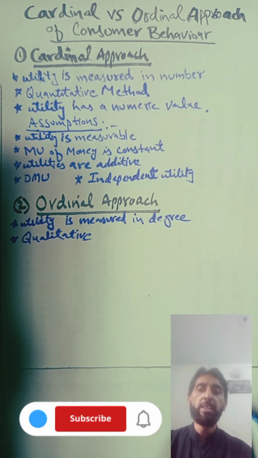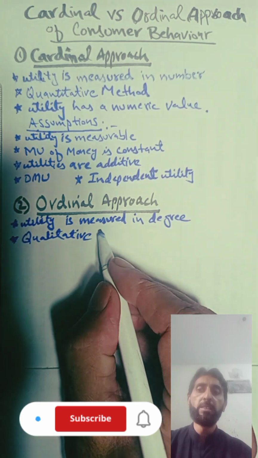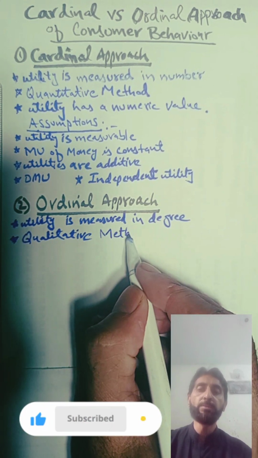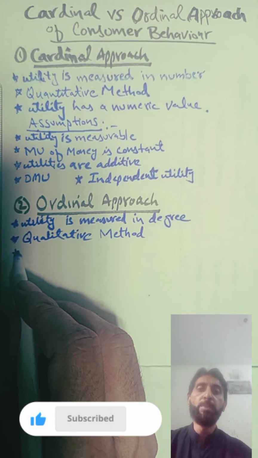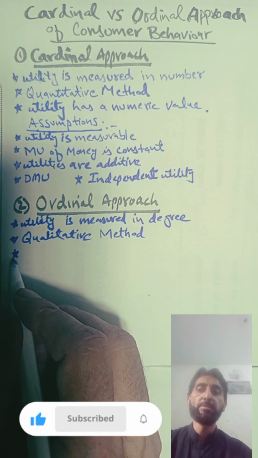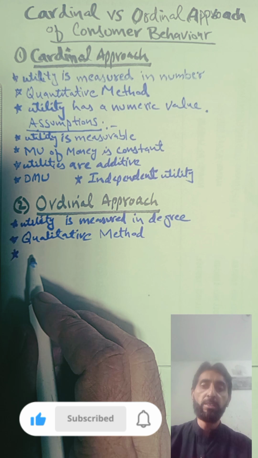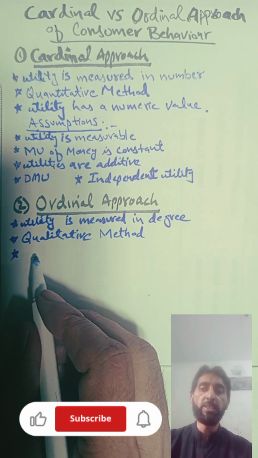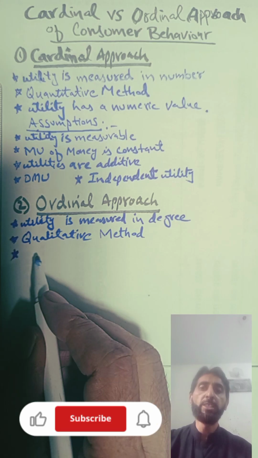We can say we obtain utilities in A grade, B grade, C grade, and here there is no numeric value for measurement of utility. It is the qualitative method to measure utility.